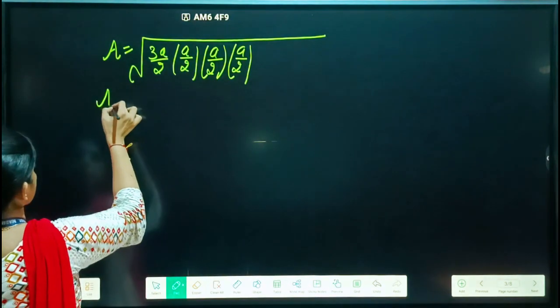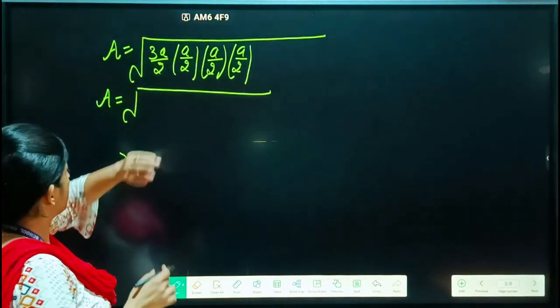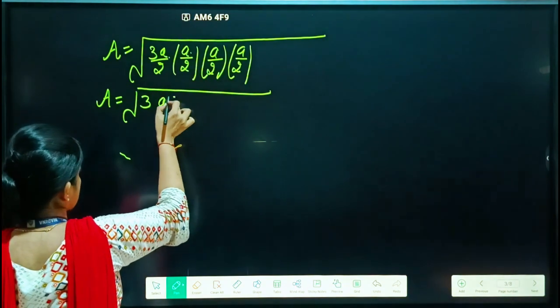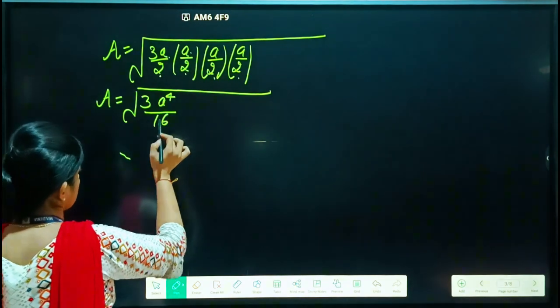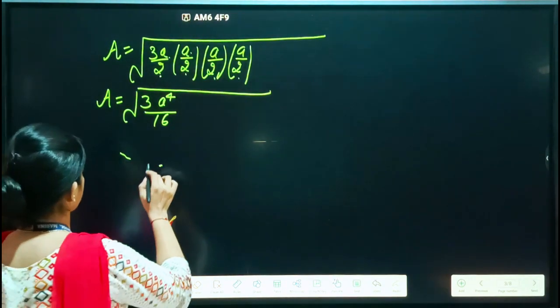Next, look, a into a into a into a means a raised to the power 4, and 2 twos are 4, 2 fours are 8, 2 eights are 16. So 3a raised to the power 4 by 16 under the root. Okay?